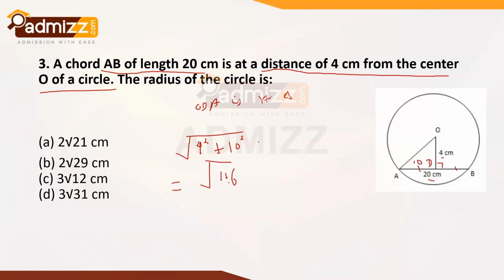This can be rewritten as root under 4 times 29, because 4 times 20 is 80, and then we have to add 36 to get to 116. So this will be 2 root under 29. So option number B is the correct answer in this particular case.